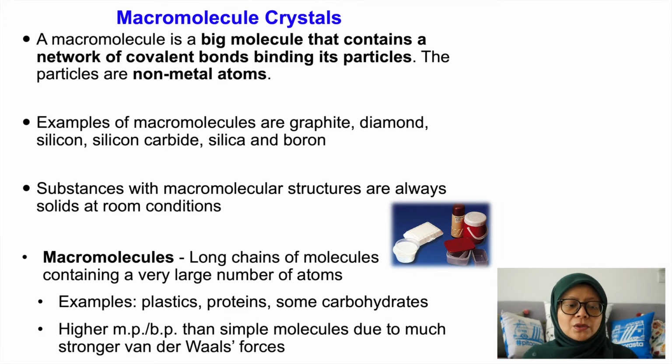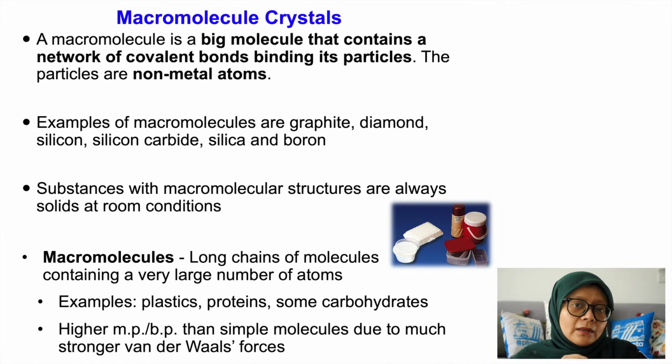Macromolecules also form from long chains of molecules containing a very large number of atoms. A few other examples of macromolecules, other than graphite and diamond, are plastics, proteins, and some carbohydrates.